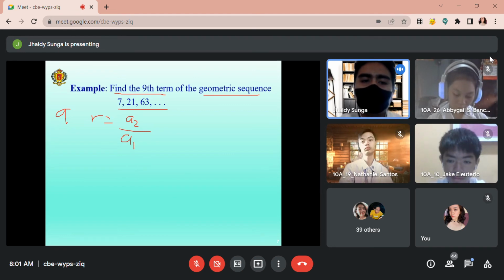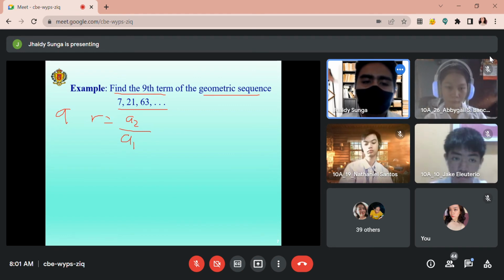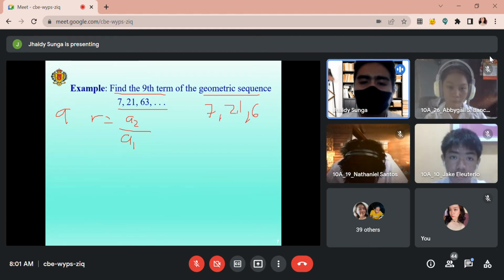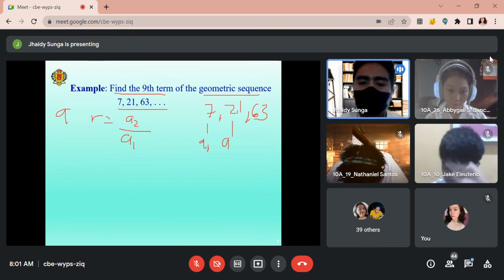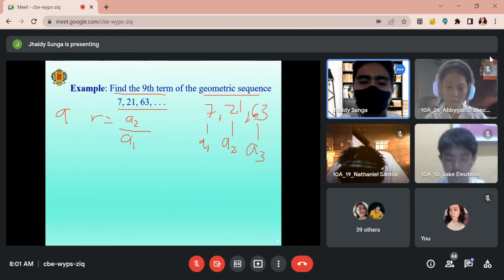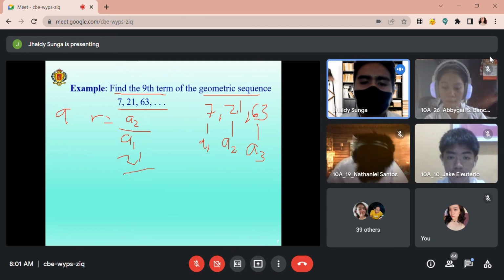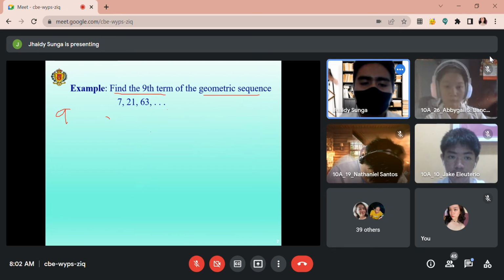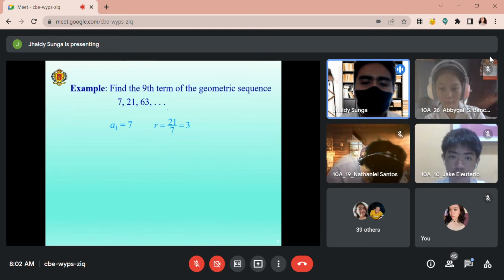Our a sub 1 is 7, a sub 2 is 21, and a sub 3 is 63. So a sub 2, 21, over a sub 1, 7, gives us a common ratio of 3.